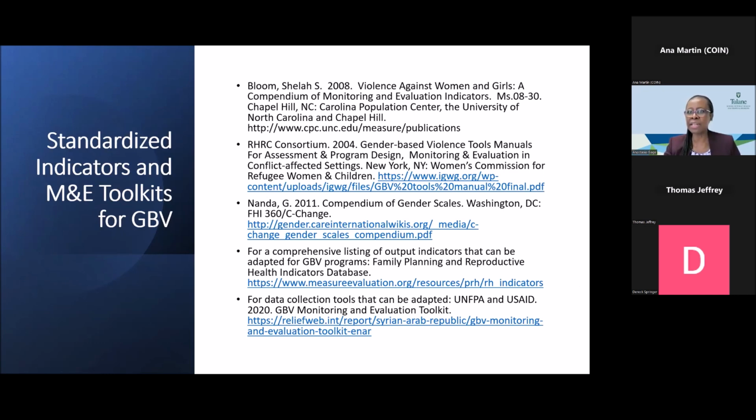And I wanted to point out this one, which is by Sheila Bloom, Violence Against Women and Girls, a compendium of monitoring and evaluation indicators, which is available, and it covers a whole lot of programmatic sectors like health, education, justice and security, social welfare, then humanitarian emergencies, femicide.